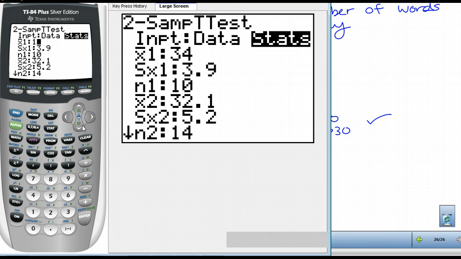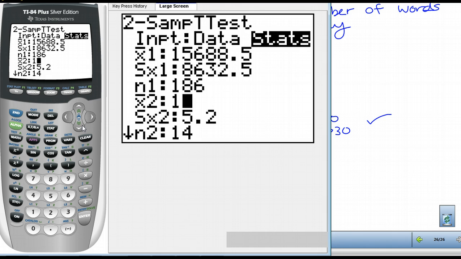And so that's going to be 15,688.5 with a standard deviation of 8,632.5. And the number was 186. So we're getting this all from the data they gave us. Make sure you're punching in the appropriate places, even though it's not in the order that it's meant to plug in. Our second population was the women, so let's plug that in.